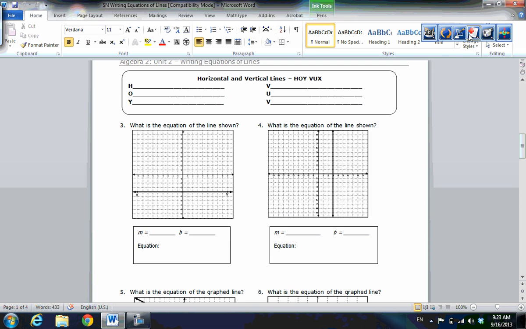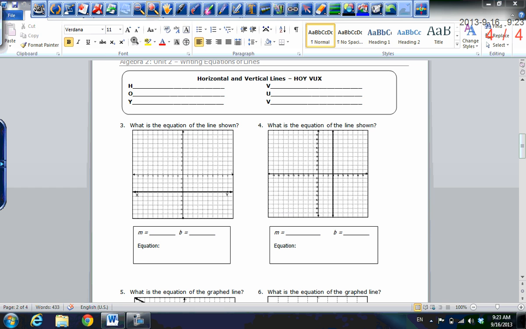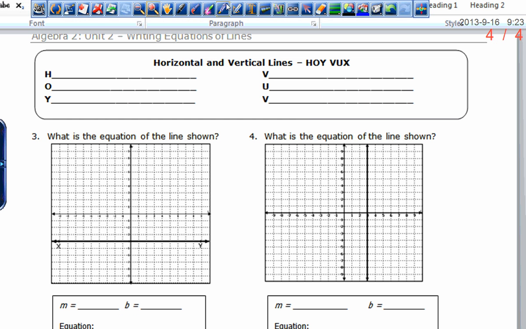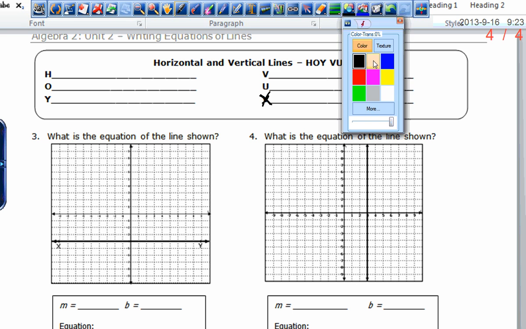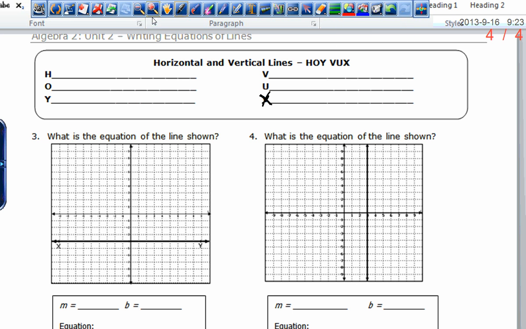Moving on. Horizontal. What does the H stand for? Horizontal.